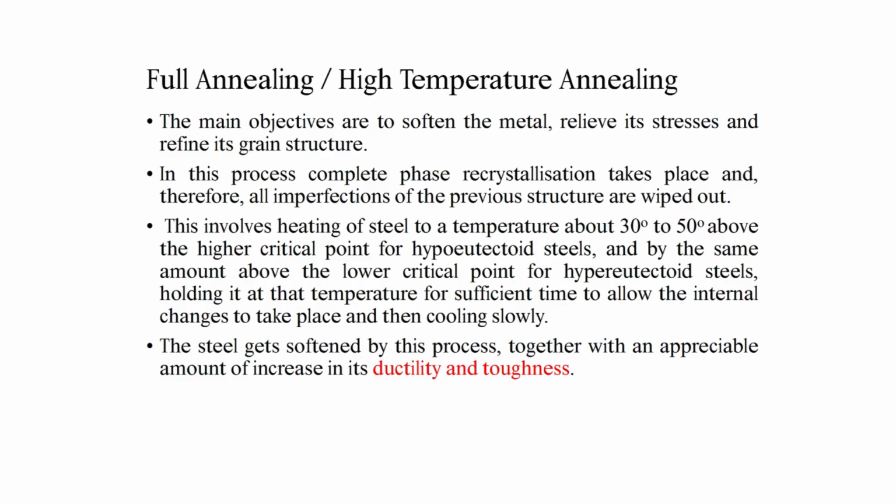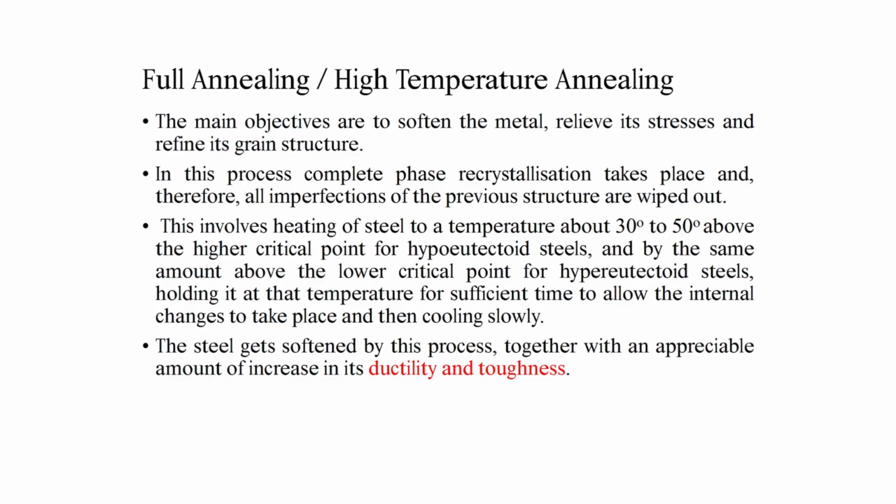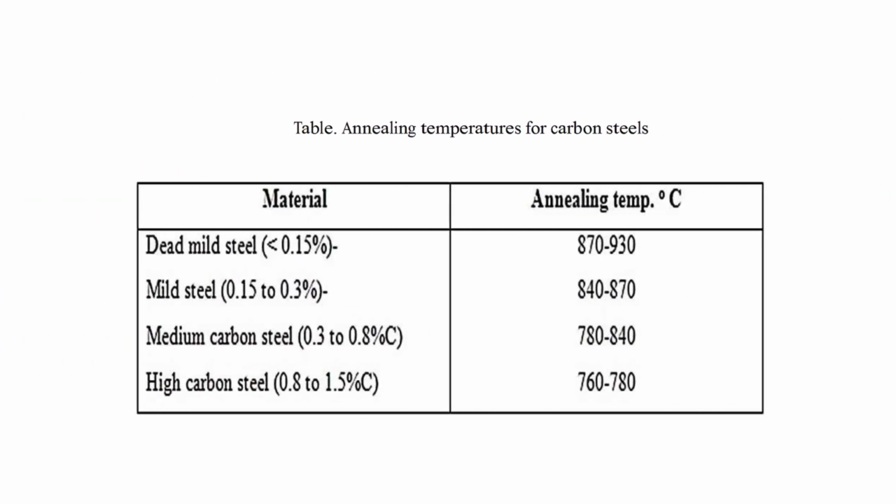We hold it at that temperature for sufficient time to allow internal changes to take place and then cool it slowly. The steel gets softened by this process, together with an appreciable amount of increase in its ductility and toughness. Here is a handy table for annealing temperatures for carbon steels. Steel type: carbon percentage, annealing temperature in degrees C. Dead mild steel, less than 0.15%, 870 to 930.